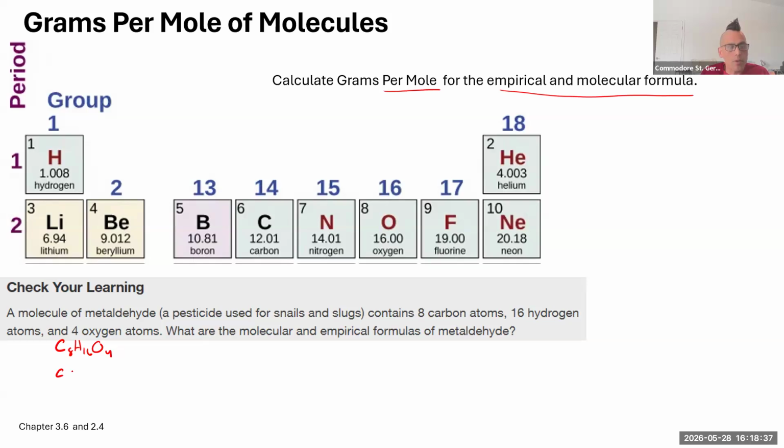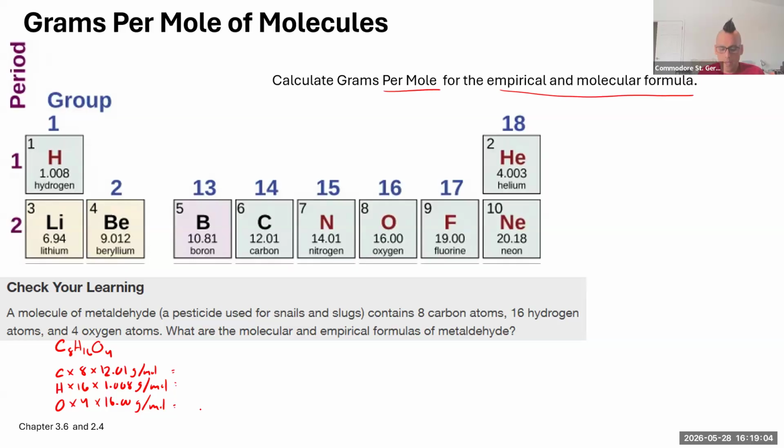There's going to be carbon times 8 times 12.01 grams per mole. Hydrogen times 16 times 1.008 grams per mole. Oxygen times 4 times 16 grams per mole.